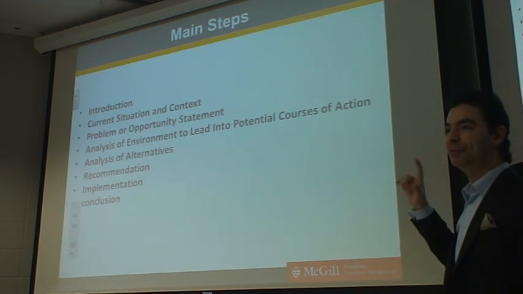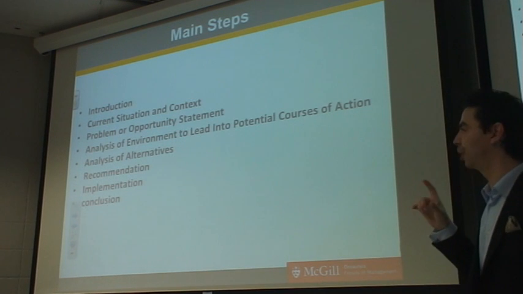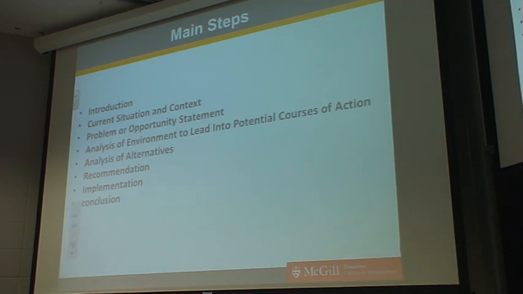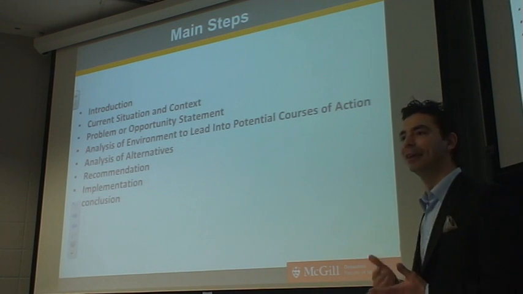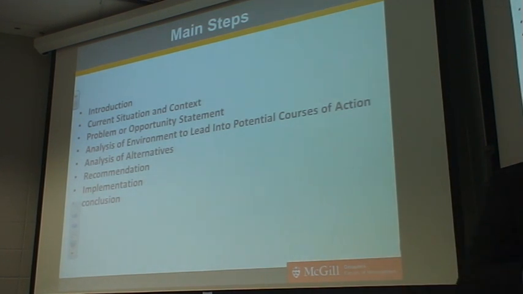Your current situation and context. Now, be very, very careful. When I say current situation and context, it's not regurgitating just the facts of the case, but it's creating a context for your presentation. It's creating the foundation for where the presentation will evolve to. Does that make sense to everybody? Like, don't just say, I'm here because such and such business owner gave me X, Y, and Z graphs, and the situation as they described it is this.